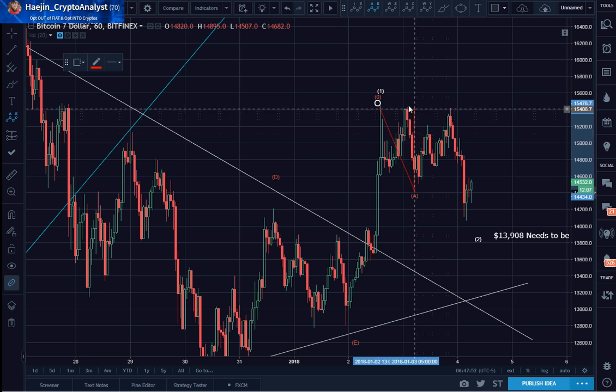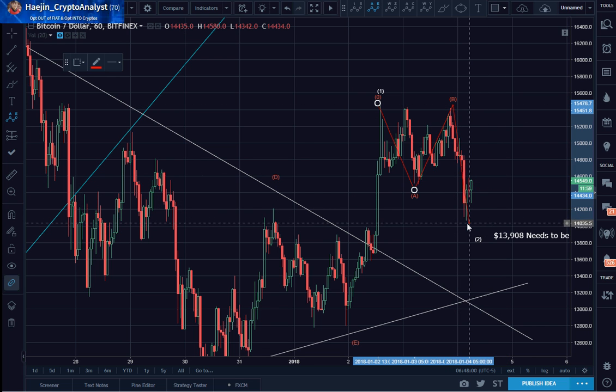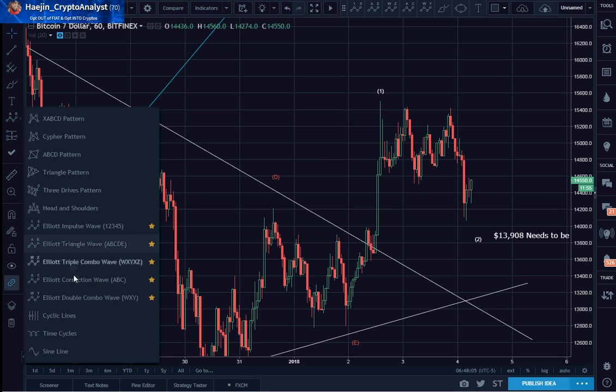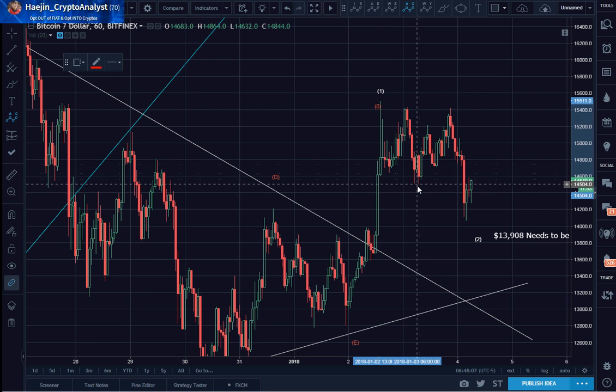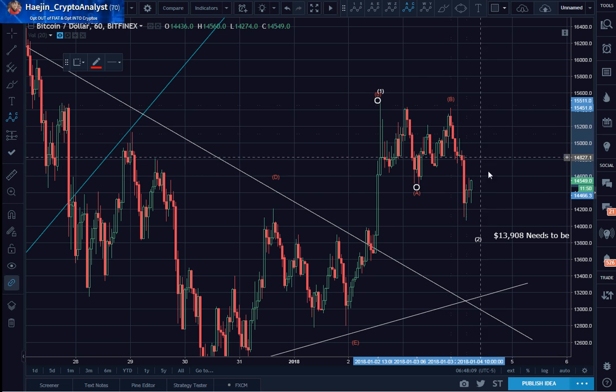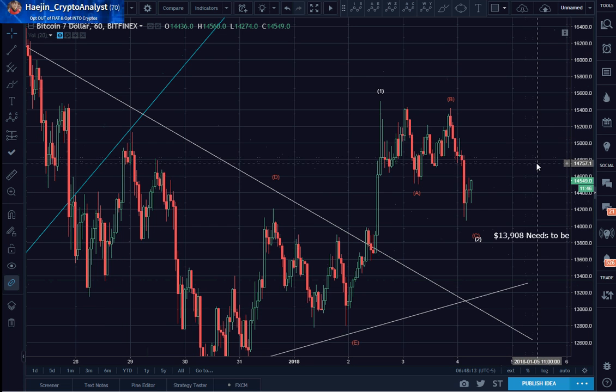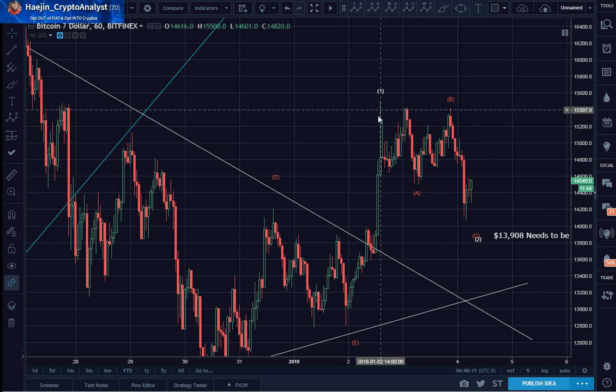A, B, C. And what this means is that this ABC is 3 waves.